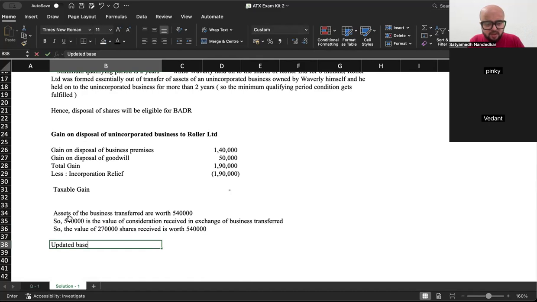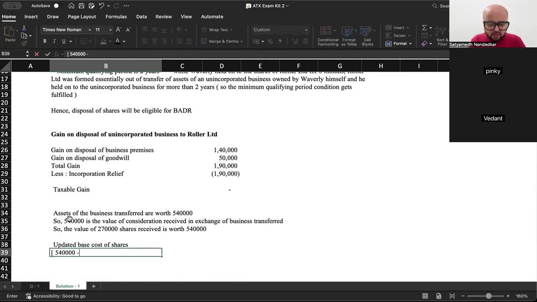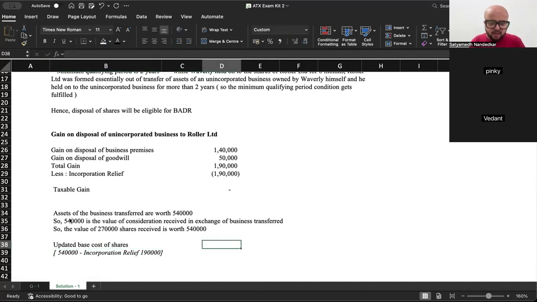So what is the updated base cost of shares? Updated base cost of shares is 5,40,000 minus incorporation relief of 1,90,000. How much will it be? 5,40,000 minus 1,90,000, 3,50,000.